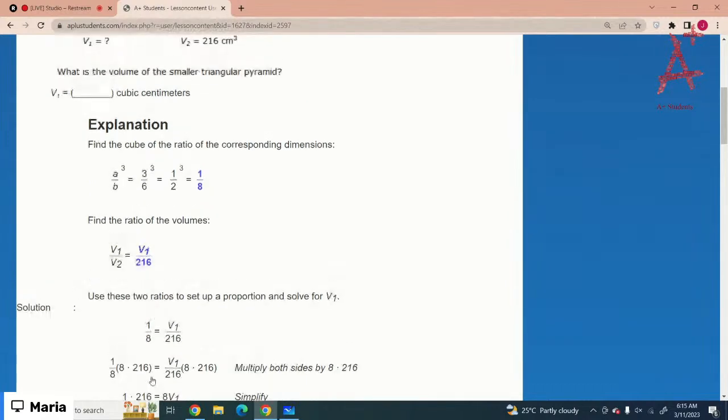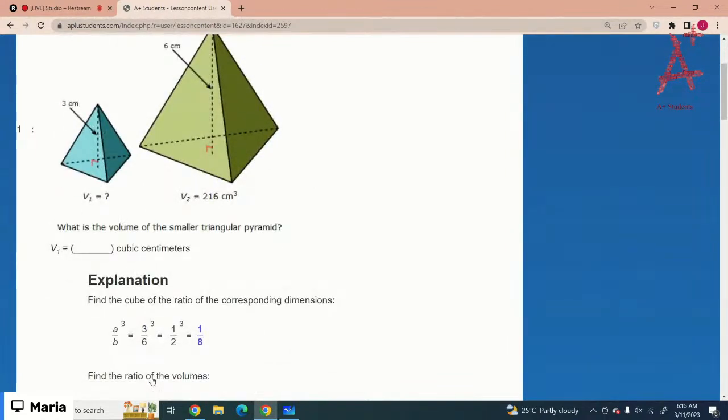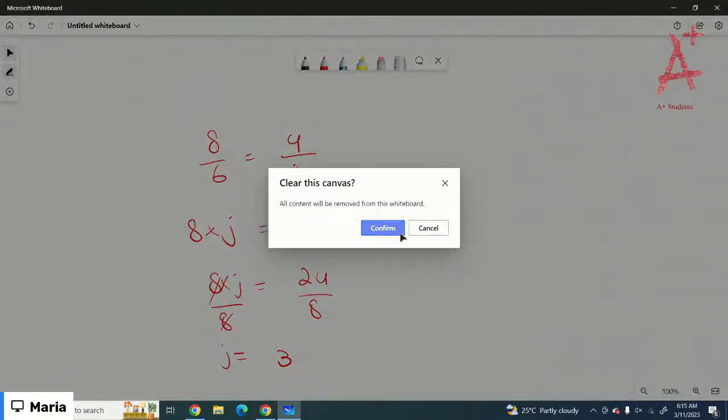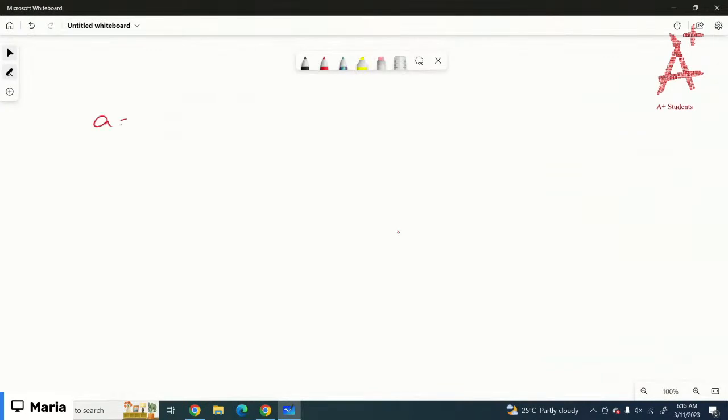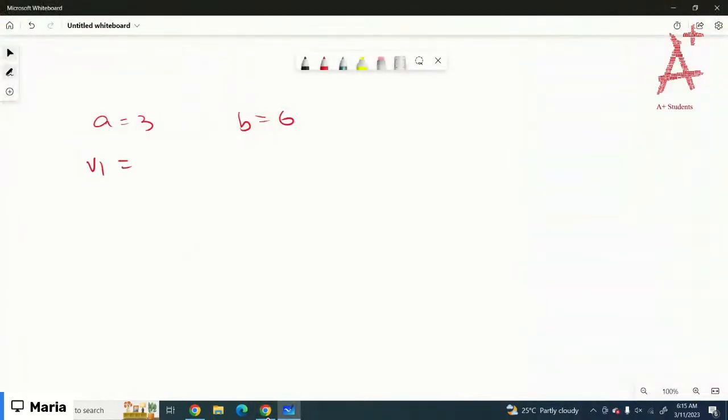Let me just try to do it on the board. The sides are 3 and 6, and a equals 3 and b equals 6. You have to find V1, and V2 is 216 centimeter cube.